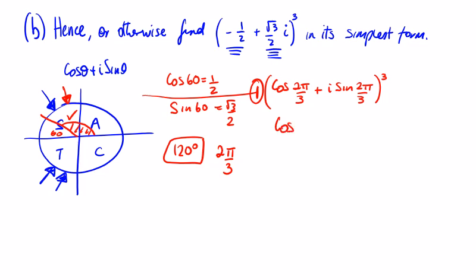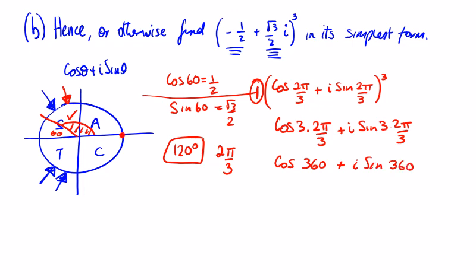So it's just going to be the cos of 3 times 2 pi over 3 plus i times the sine of 3 times 2 pi over 3. So we just need to work this out. 3 times 120 is, if we write it in degree form, 360, plus i times the sine of 360.